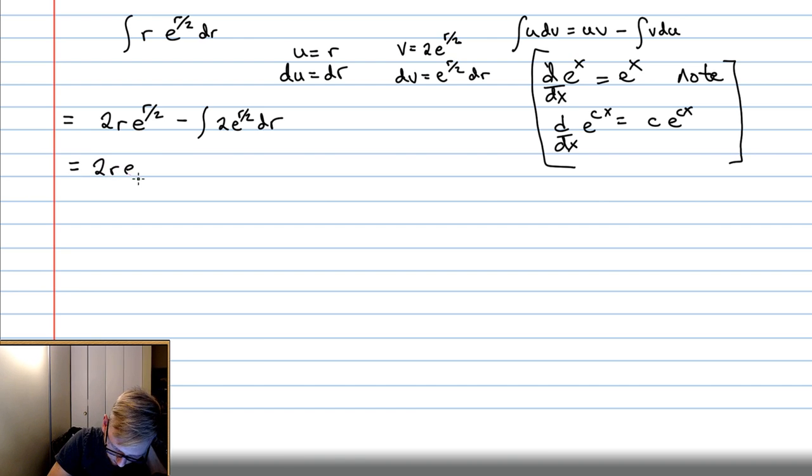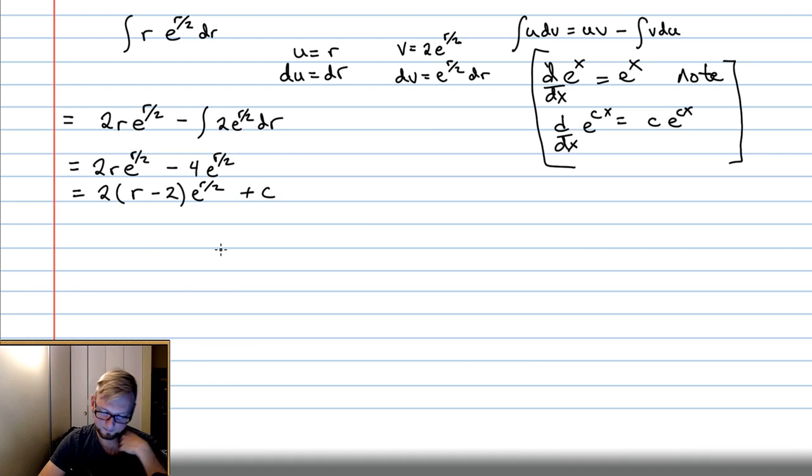Take the integral of e to the r over 2, so this will just be 4e to the r over 2. Let's simplify. We'll take out a 2, and we've got r minus 2, and then e to the r over 2, plus some constant. Easy peasy.